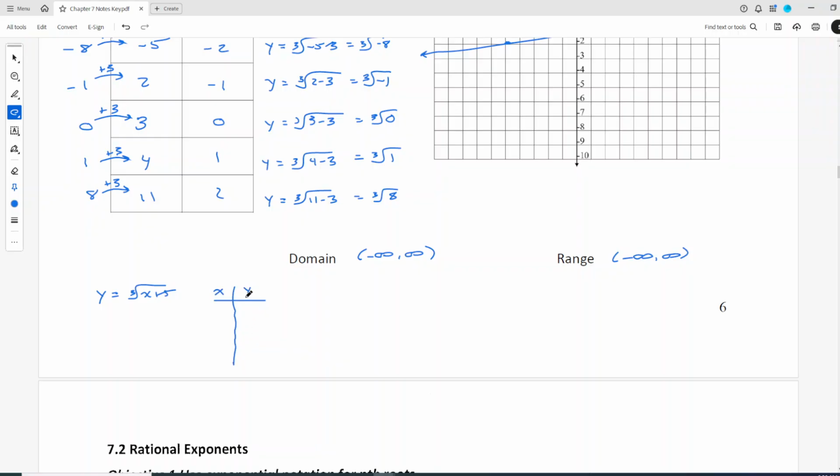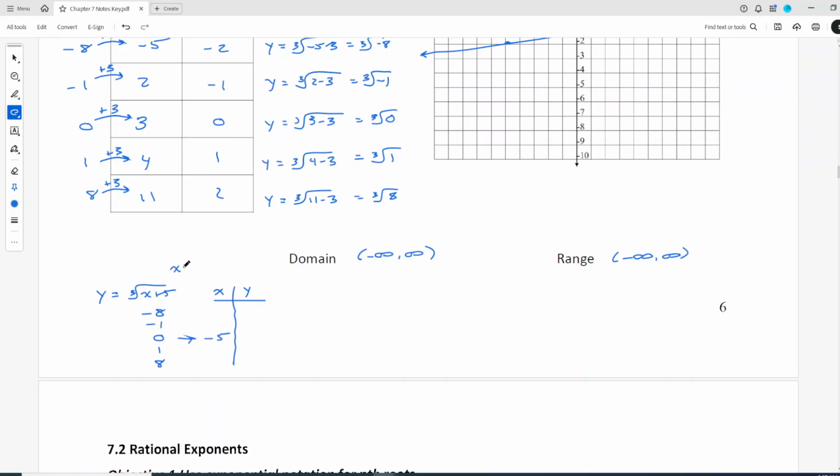I feel like this is the hardest part. Where would it start? So we're thinking about where that middle would be. Normally it's -8, -1, 0, 1, 8. Because it's x plus 5, the graph middle is going to be at -5. That 0 point is going to be at -5. So what am I doing to all the x values?